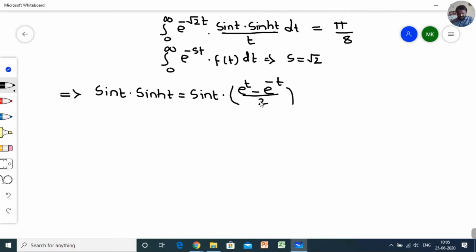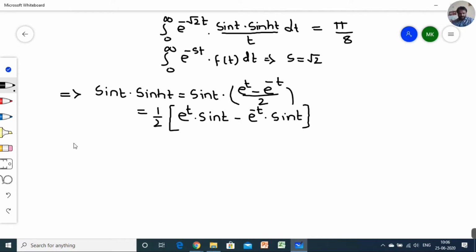Now we have to just separate this part. So this becomes 1 by 2 outside, and I'm taking this part as e raised to t into sine of t minus e raised to minus t into sine of t.